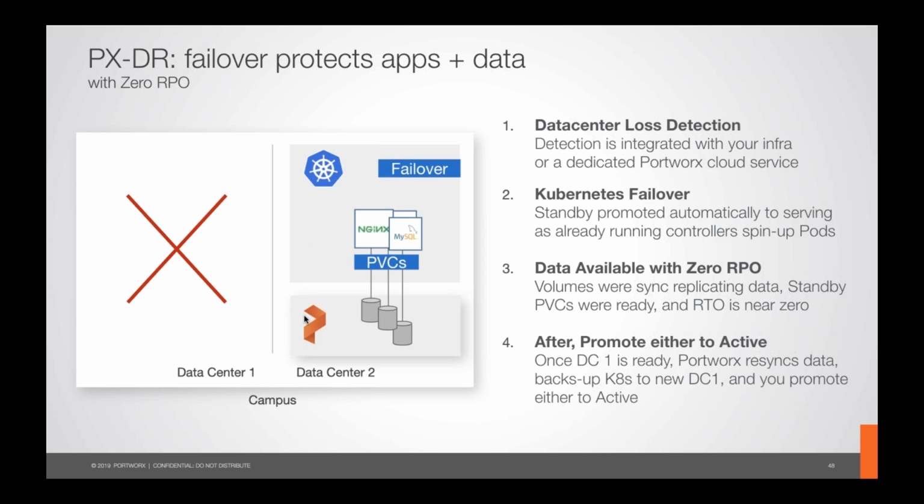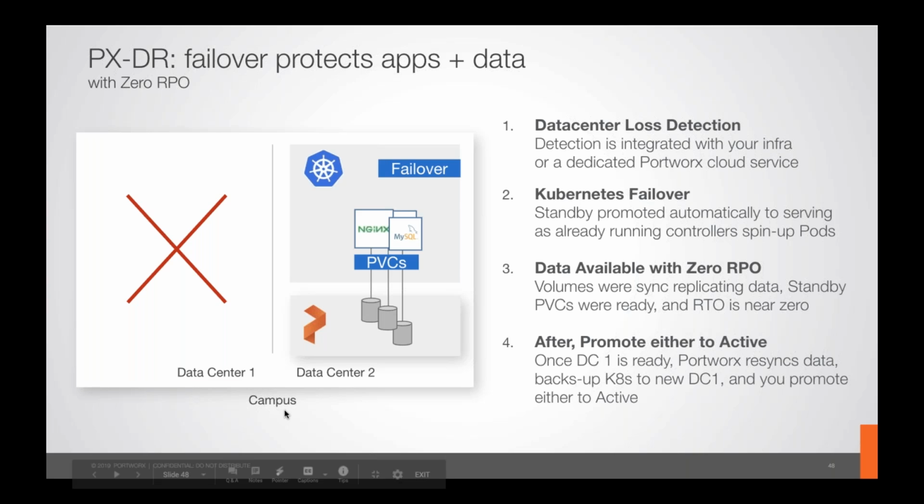Portworx synchronously replicates every write from data center 1 to data center 2, and moves over all of the application configuration and all of the Kubernetes objects, so that in addition to an RPO of 0, I can have a very low RTO, or recovery time objective, because recovering my application is basically, how long does it take me to spin up my pods?